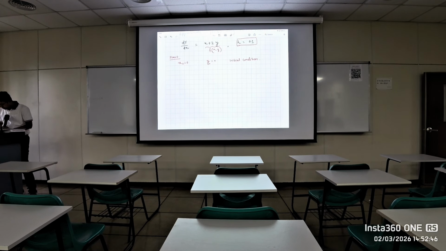Next, x1. What should be x1? It should be x0 plus h. That is 0 plus how much? What is h? 0.1. That is, x1 is 0.1.